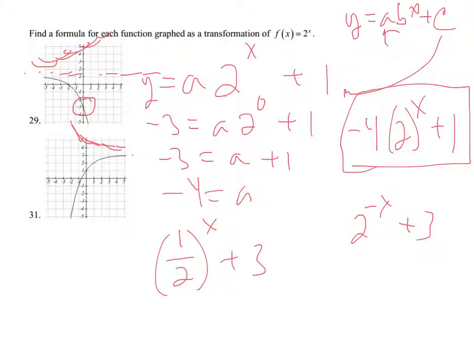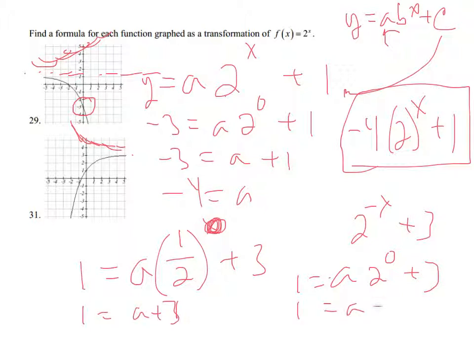So I'm going to do the same kind of thing. I'm going to say 1 equals a times 2 to the 0 plus 3. It's going to be the same kind of thing. So in this case it'll be 1 equals a plus 3.